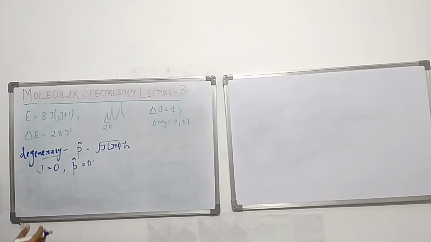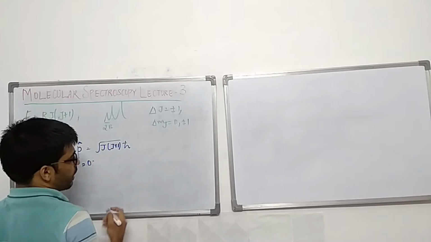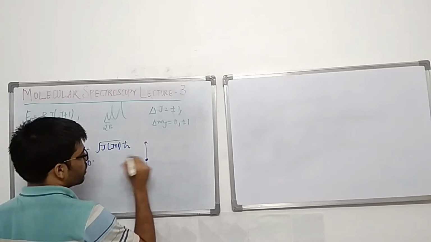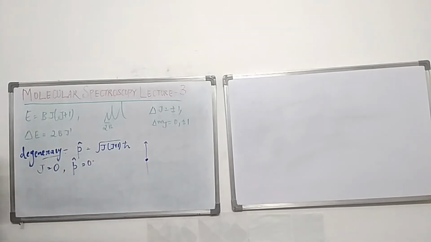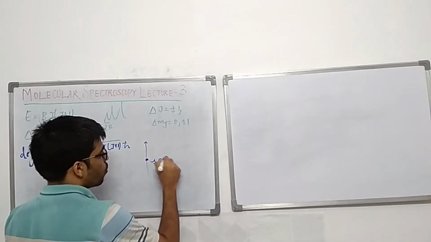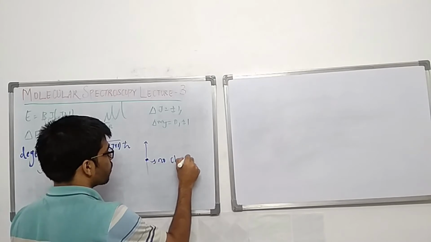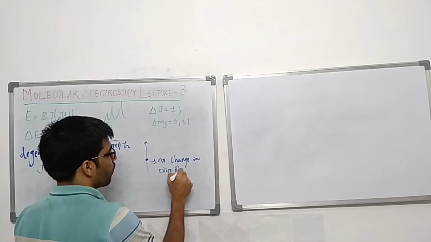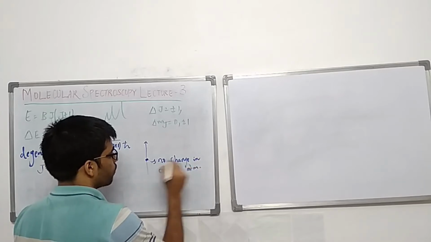That means the angular momentum is 0. So in that case, what I would essentially get is that my molecule is not rotating at all. That means there is no change in the direction of dipole moment.